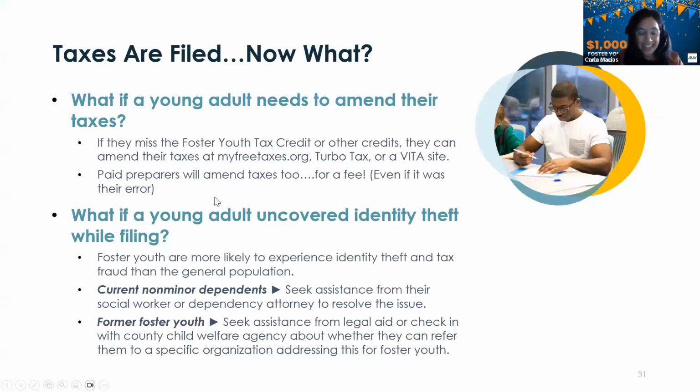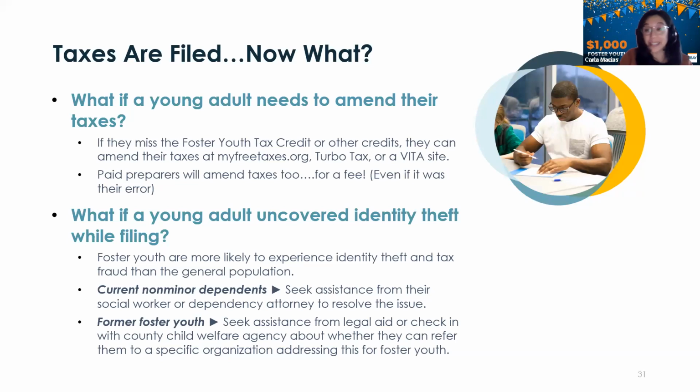All right, next slide. All right, so taxes are filed, what now? One thing that we know is foster youth, word of mouth is a huge way of how information gets across with our foster youth. We're waiting to see what's going to happen this next tax season, if there's going to be a high percentage of amendments needed to be done because young people filed but did not know about the foster youth tax credit.